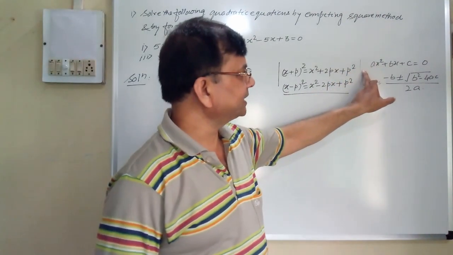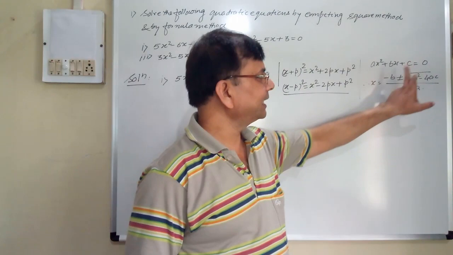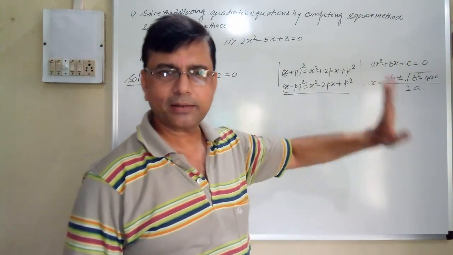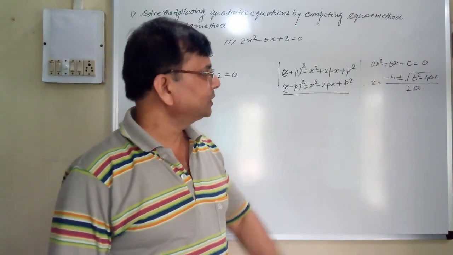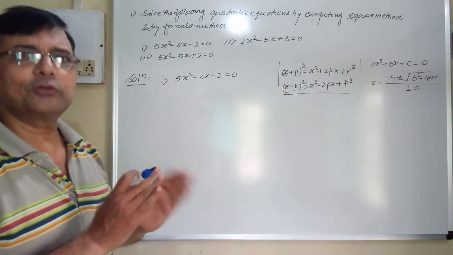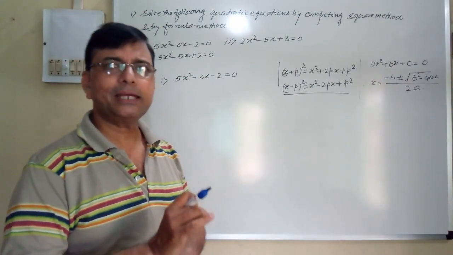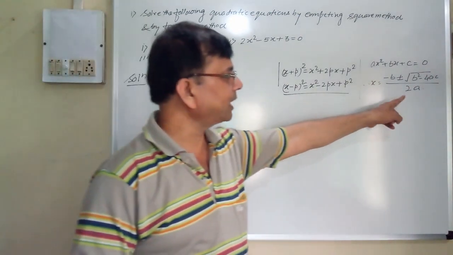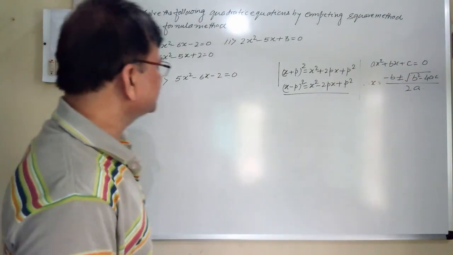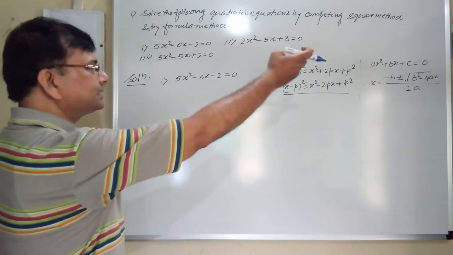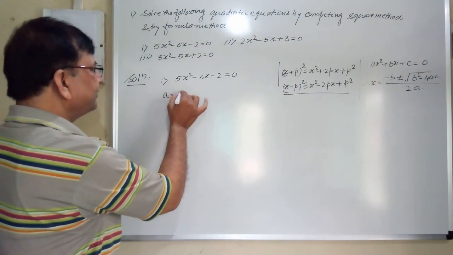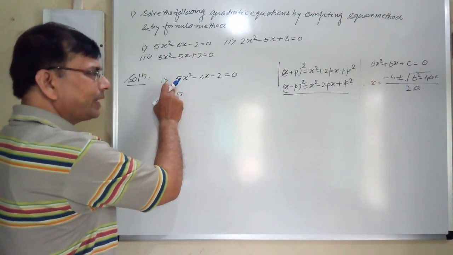See this, if the general equation is this, then the formula for x is minus b plus minus under root b square minus 4ac upon 2a. So we'll compare this equation with the given equation. Comparison is to be done to find the value of a, b and c, because these values are to be put in this solution, isn't it? So if you are comparing with the standard equation, therefore a is equal to 5, the coefficient of x square.